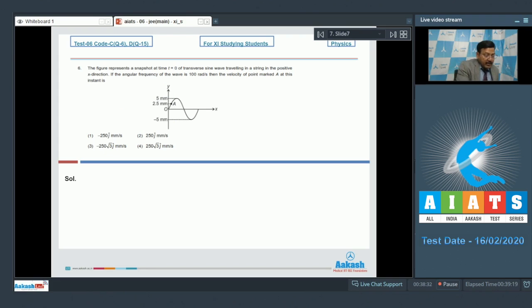Well, looking at the snapshot, we can write its equation, and we can call it y(x, t equal to 0). For this, the maximum value is 5 mm, so it's 5 mm sine kx, and k is 2 pi by lambda, the wave number.